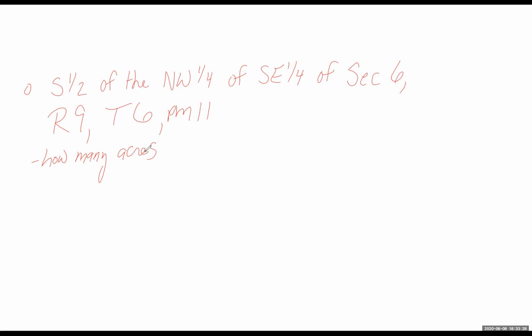So the first thing I'm going to do, to make it easier for you, is tell you all this is BS that they might put in a question just to confuse you. So the whole point is the south half of the northwest 1/4 of the southeast 1/4 of section 6. How many acres is that?